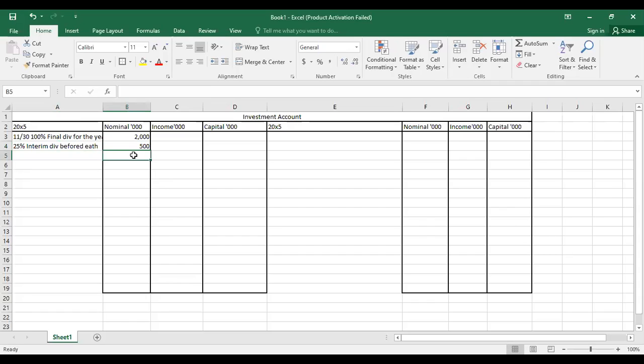So do we know what was paid pre-death? The amount? $1,500.